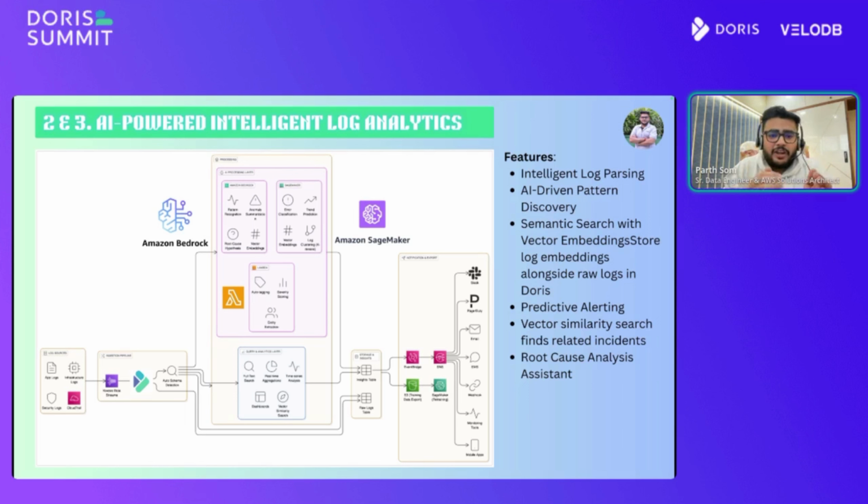It correlates the events across services, identifies the probable root cause, and even links to similar past incidents, like, in the past this happened, and this was the resolution. AWS Bedrock analyzes the temporal correlation between the events and generates investigation starting points, like upstream service latency increased from 200 milliseconds at this timestamp, cascading to the downstream service at this timestamp. That is the kind of response we get from Bedrock.